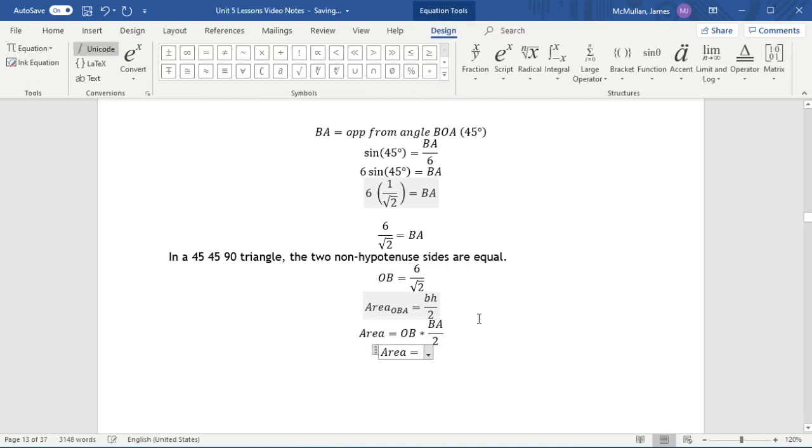And the area is therefore equal to 6 divided by square root 2, times a second 6 divided by square root 2, and then all of this divided by 2 at the end. Okay, so what do you get here? You get 36 over 2, and then you have to divide it by 2 again. 36 divided by 2 is 18, divided by 2 again is 9.